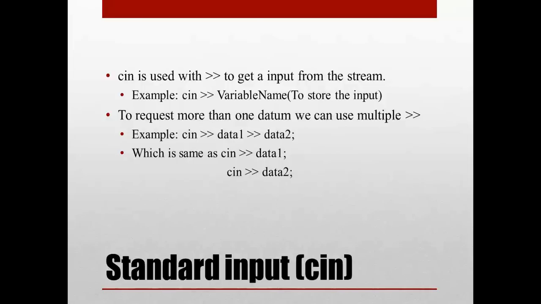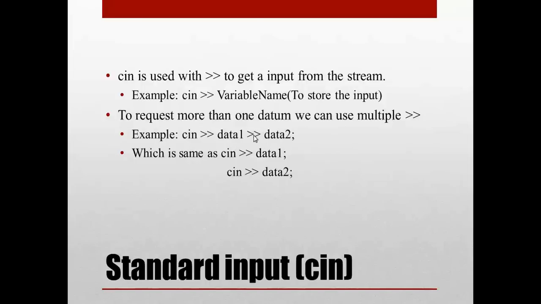If you have any space in between, cin can store the data only until the part where it encounters the space. For example, here if I say cin data1 and data2, and you type in 1 space 2, then it's going to store 1 into data1 and 2 into data2.